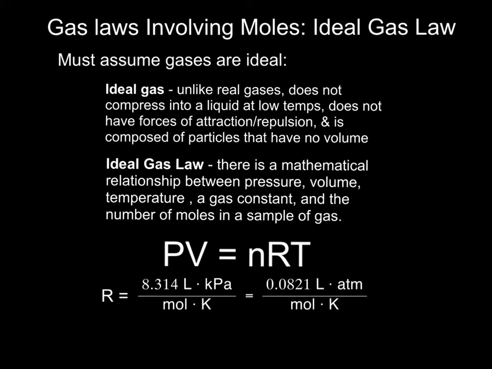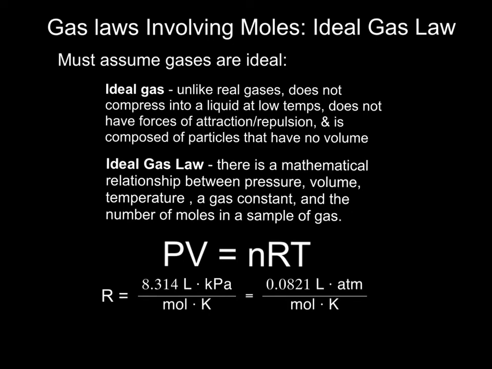These are constant values that include every unit possible in the ideal gas law. So we've got units for volume, pressure, moles, and temperature here. And based on the pressure unit, we have 2 different values. There's more. There's an R value for every pressure unit. I just like to give 2, and you can always do a conversion if you need.